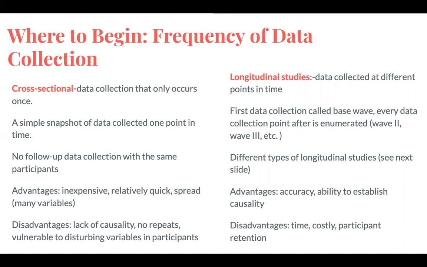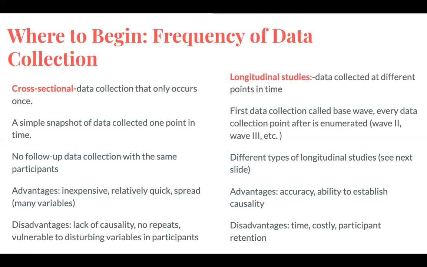Your book notes this is a very popular form of data collection. Part of the reason it's so popular is that it is relatively quick, because it's just one-shot data collection. It's inexpensive, and because it's one shot, you don't have to worry about tracking people down over time and collecting data from them over a long time period.